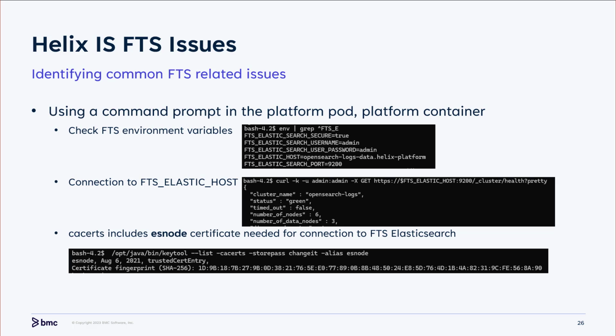SSL is required for connections from other pods running within the system to talk to that Elasticsearch server, and that uses a self-signed certificate that is configured automatically and is included in the deployment. It's part of that CA certs file that you download from BMC, and it's included in the out-of-the-box one.